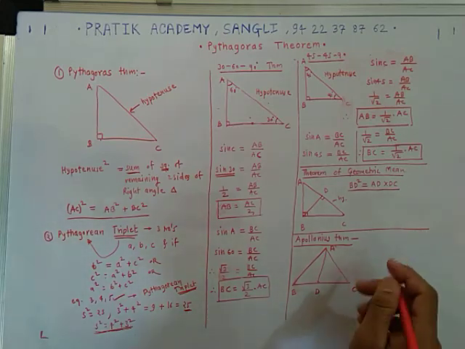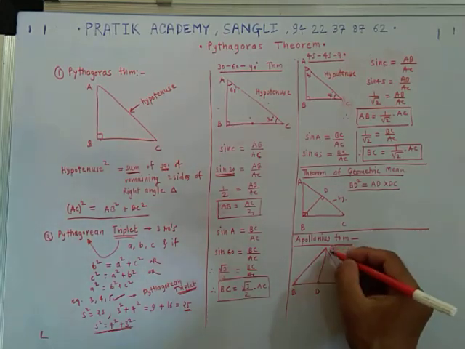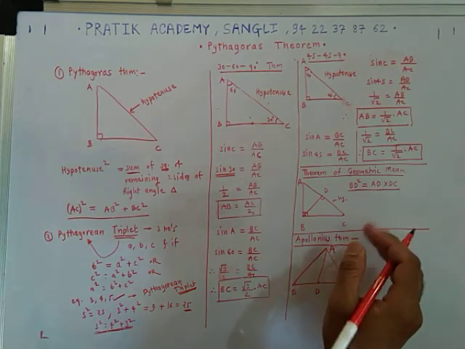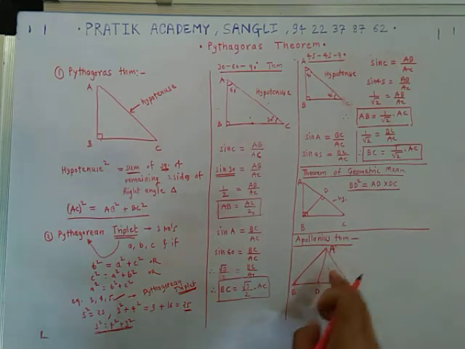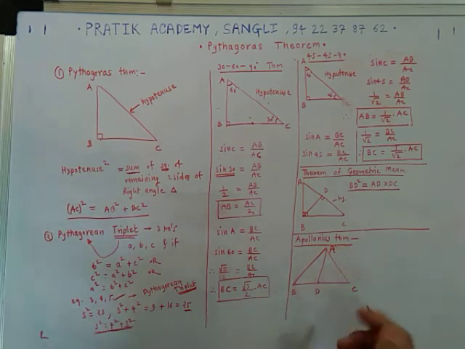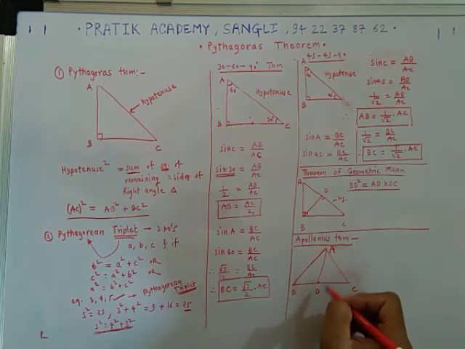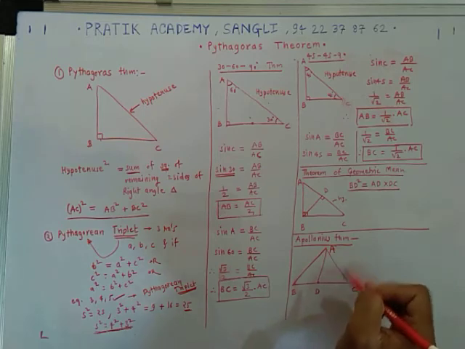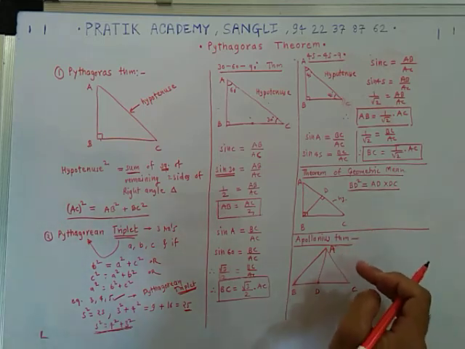Okay, ABC is any triangle. It may be a right angle triangle, it may be an acute triangle or obtuse triangle. Then in triangle ABC, if we take D as a midpoint of BC, then AD is the median joining the midpoint and vertex. Then what is Apollonius theorem?